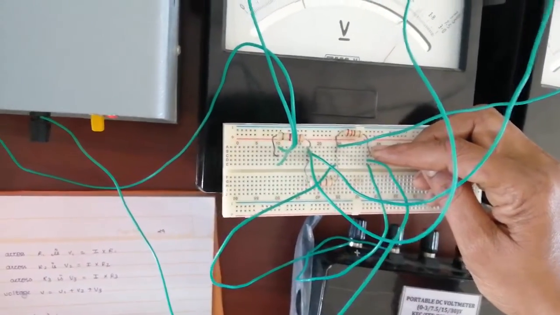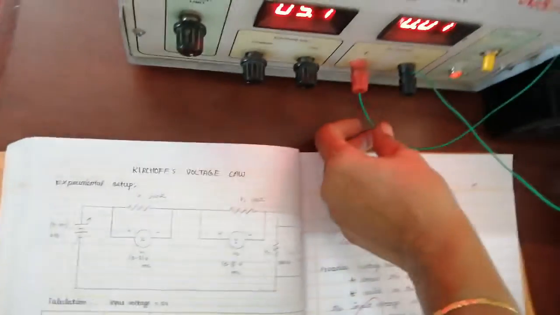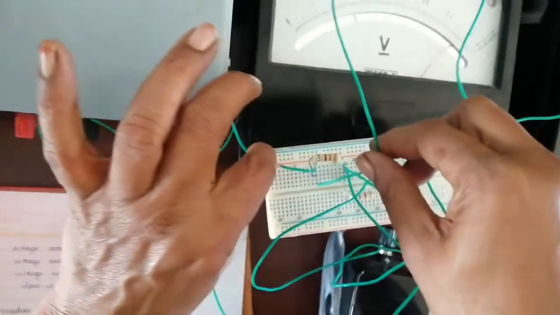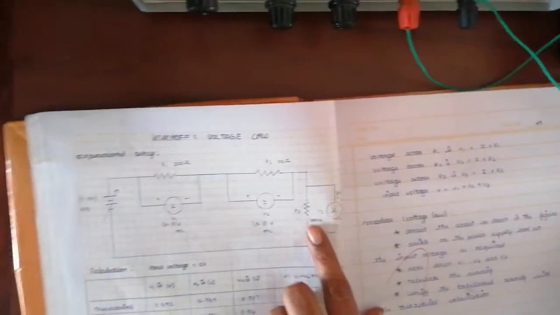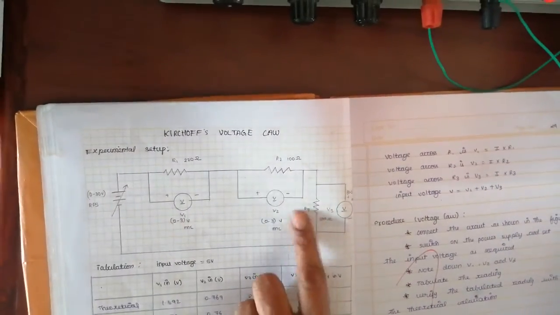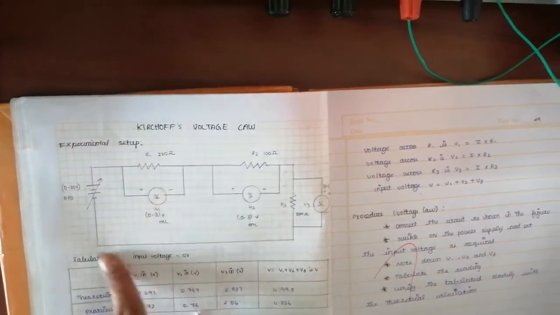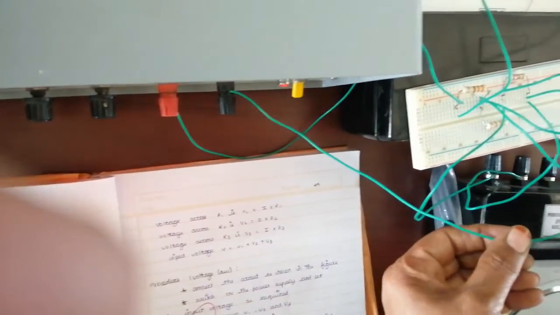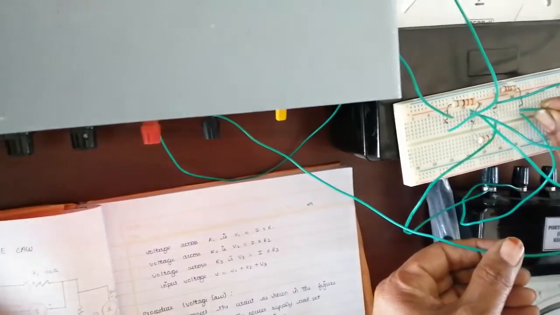The plus supply of the battery is connected to the 220 ohm resistor. The other end of the 330 ohm resistor is connected to the negative of the supply.